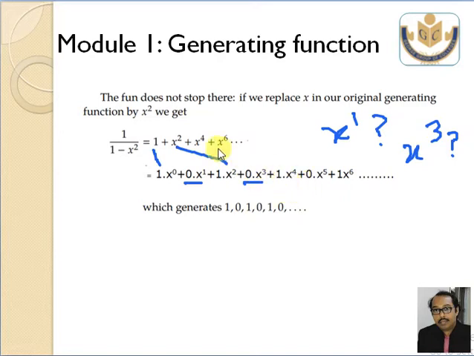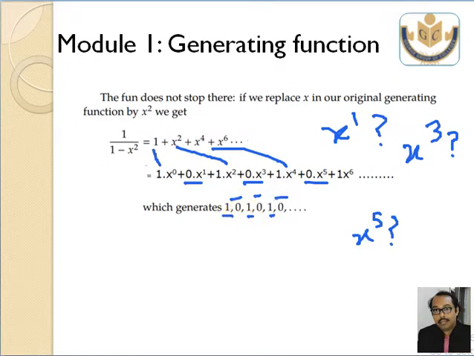Now x to the power 4 is present. But where is x to the power 5? x to the power 5 is also missing, so I can write 0 into x to the power 5. So what is the sequence? The sequence is 1, 0, 1, 0, 1, 0.